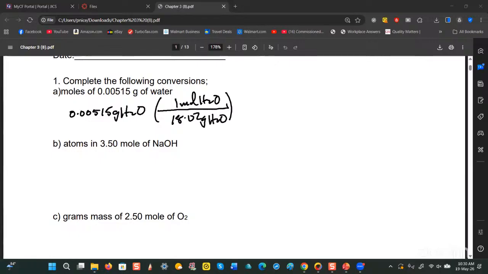All right? And then you do the number crunching. So that's 0.00515 divided by 18.02. And according to my calculation, I got 2.86 times 10 to the minus 4 moles of H2O. All right?